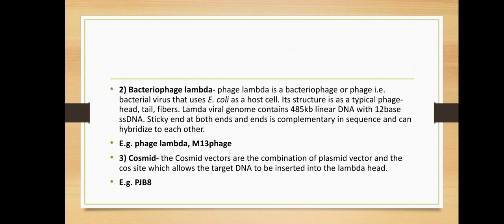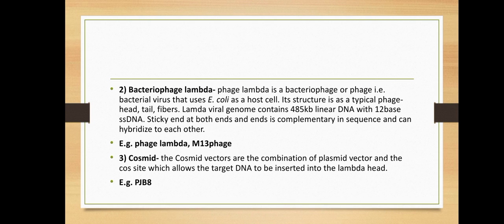Its structure is a typical phage with head and tail fibers. The lambda viral genome contains 48.5 kb of linear DNA with 12-base single-stranded sticky ends at both ends, and the ends are complementary in sequence and can hybridize to each other. Example: phage lambda, M13 phage.